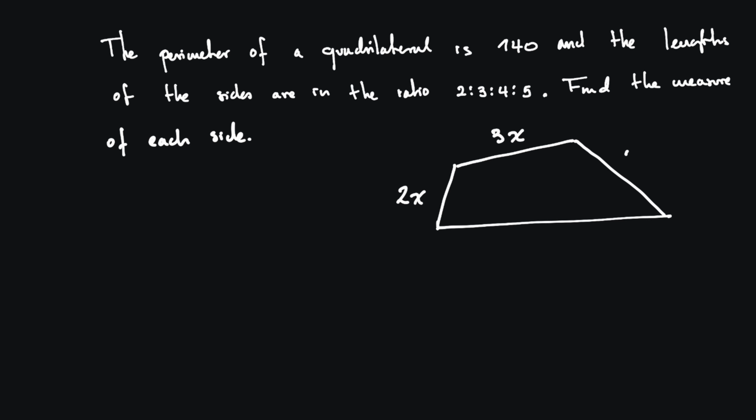The next side must be 3x, the next side 4x, and the fourth side 5x, because it's in the ratio 2, 3, 4, 5, and we don't know the real measure.